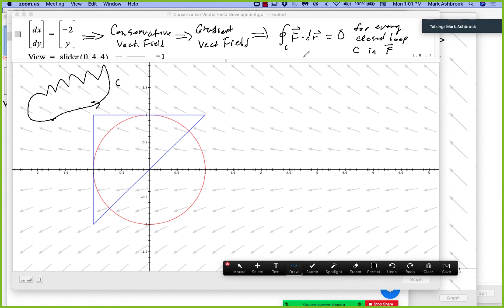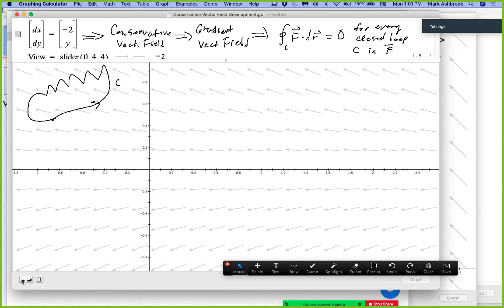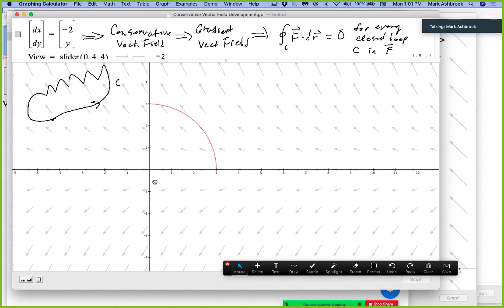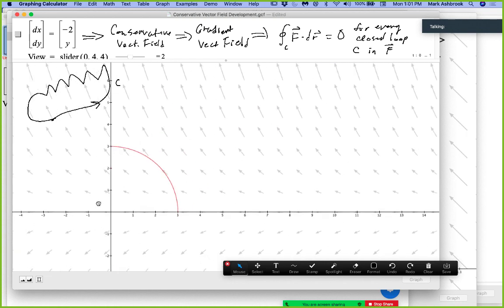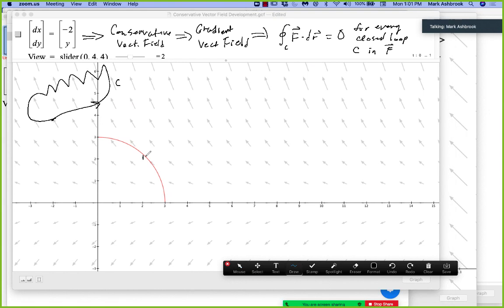Okay, so let's take that a step further here. So here is a path through the same vector field, and I'm going to call that C1.